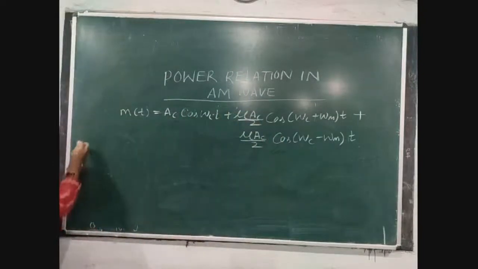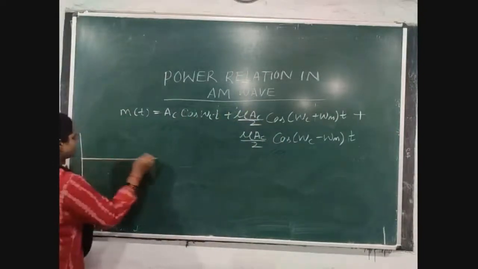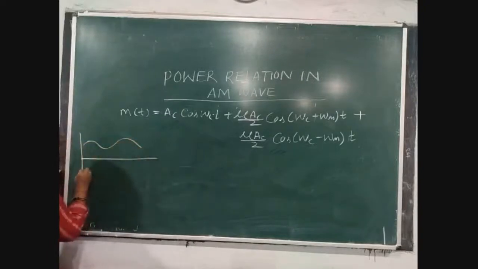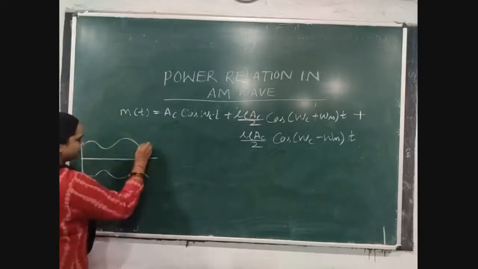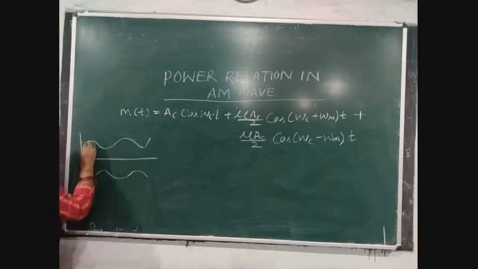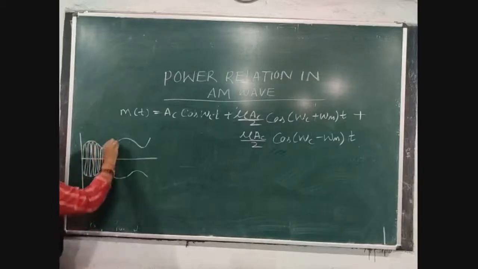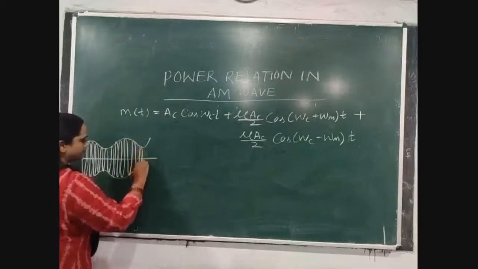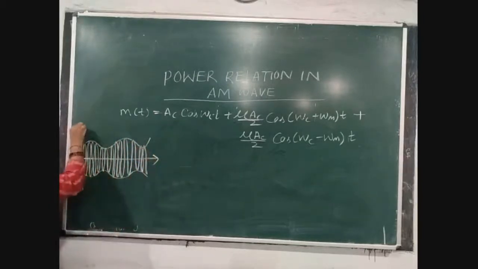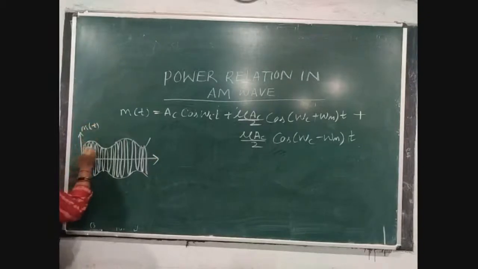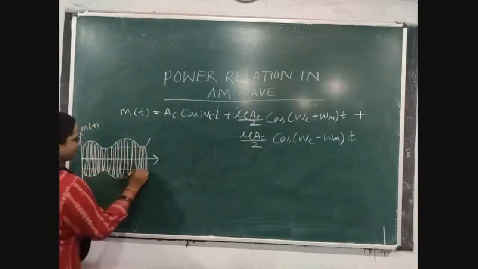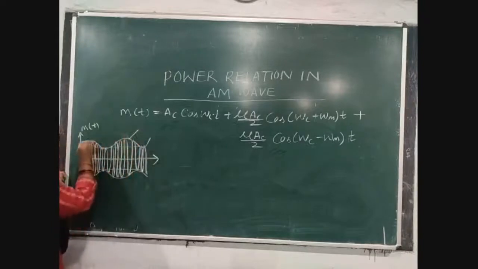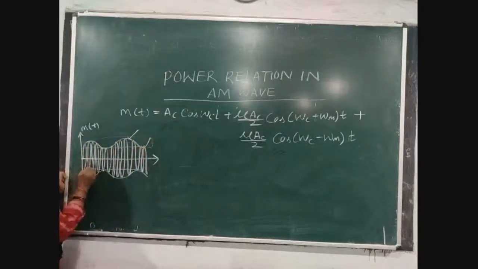So if this one is the waveform, then the middle part is the carrier waveform, the upper part is the upper side band, and this part is the lower side band.